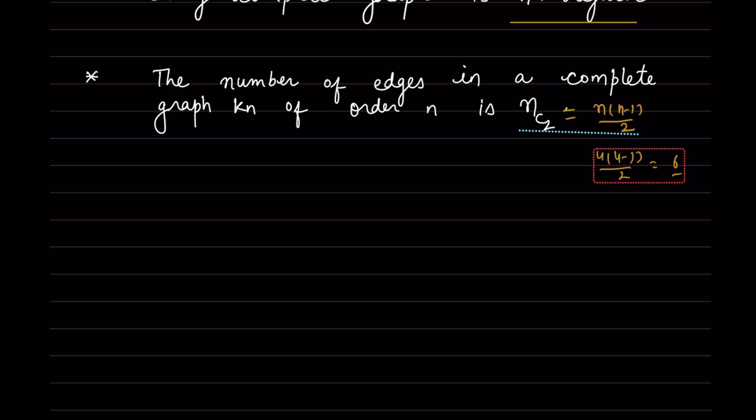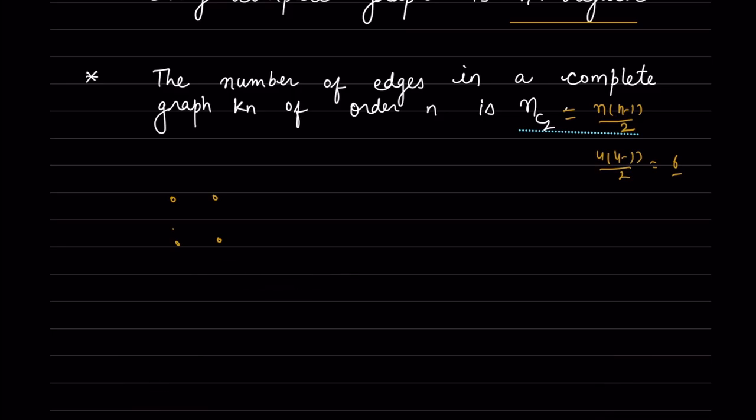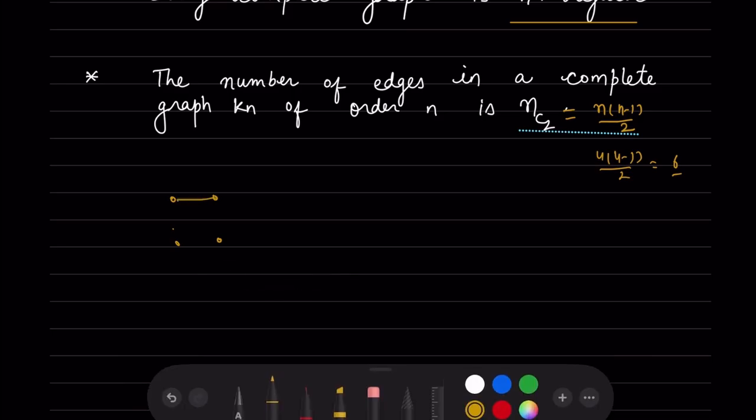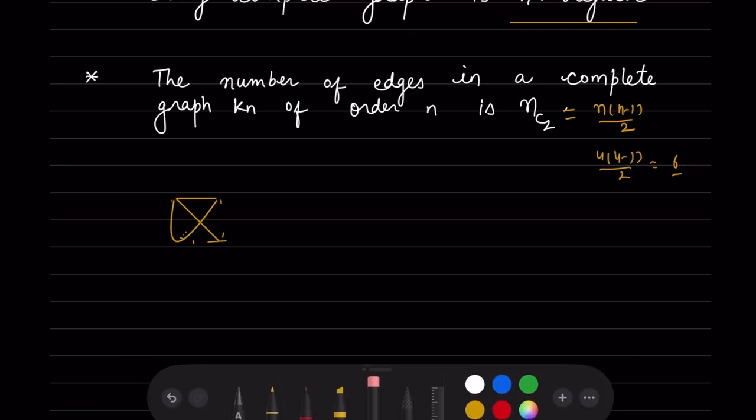So how can we find the total number of edges in a complete graph? I will give a hint with the help of an example, using a combinatorial approach. We have 4 vertices, v1, v2, v3, v4, and each vertex is connected to all other vertices because this is a complete graph.